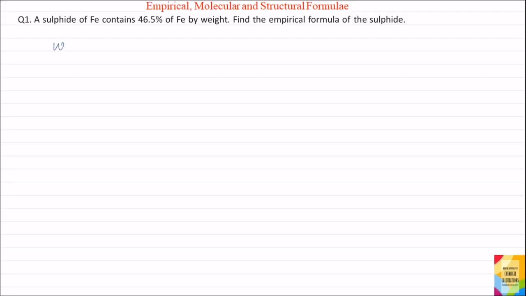Therefore, weight of sulfur will be equal to 100 minus weight of iron, that is 46.5 gram, and this is equal to 53.5 gram. So weight of iron is 46.5 gram, weight of sulfur is 53.5 gram.